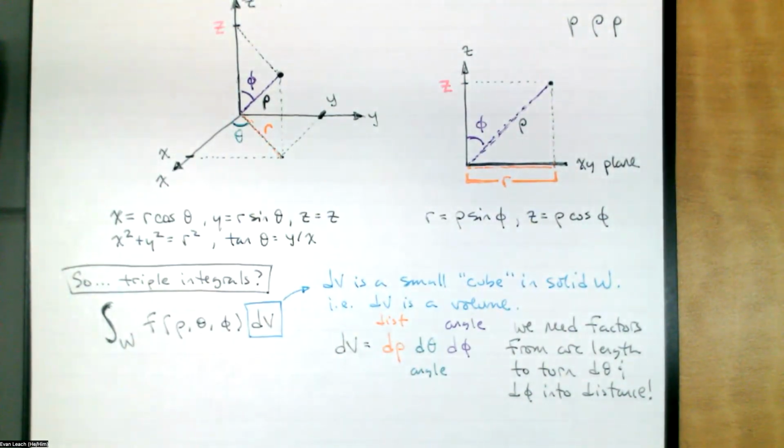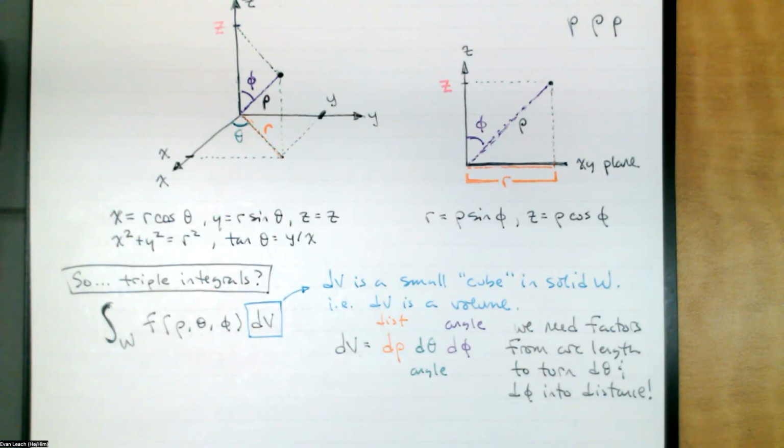We just have to know how far these little bits of angle are from the origin. Any questions on the concept? I want dV to be distance times distance times distance. D rho, distance. D theta, not distance. D phi, not distance. So we need to fix that.